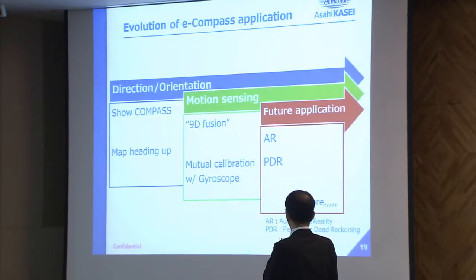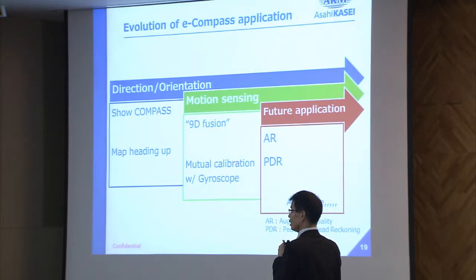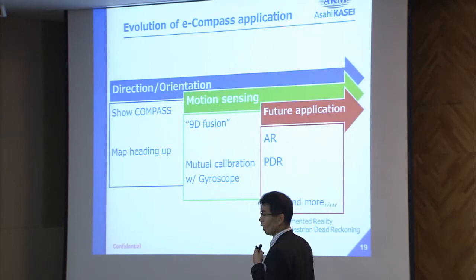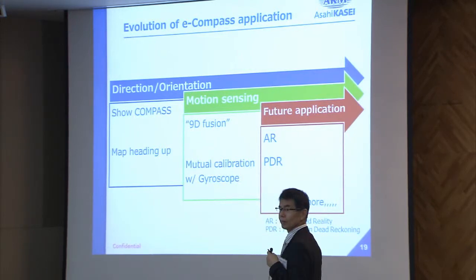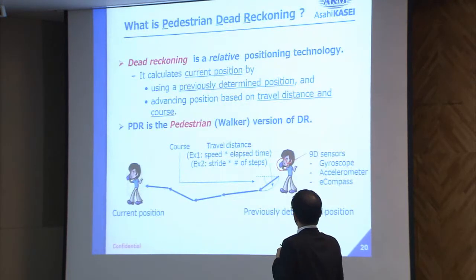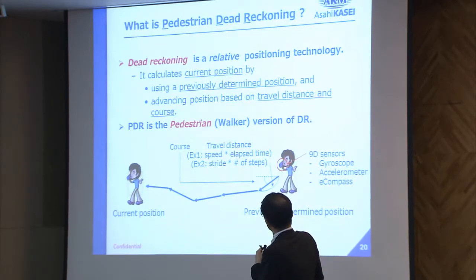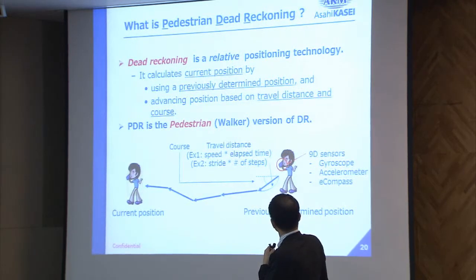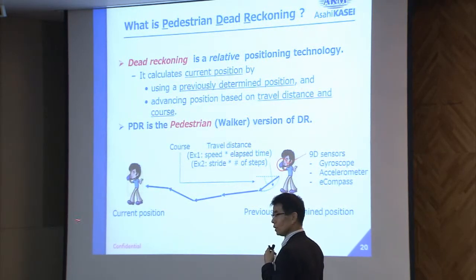And as a future application with 9D fusion, we are discussing AR and PDR. Dead reckoning is a relative position technology. It calculates the current position by using a previously determined position and travel distance and course, like this.